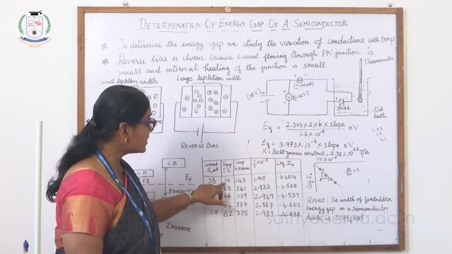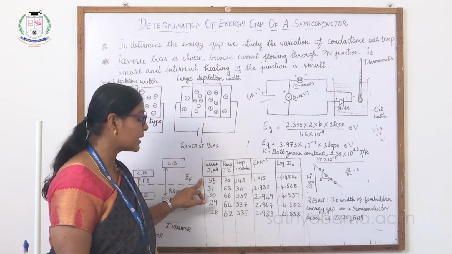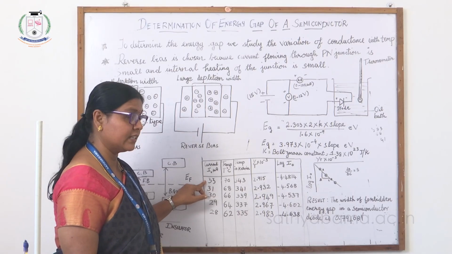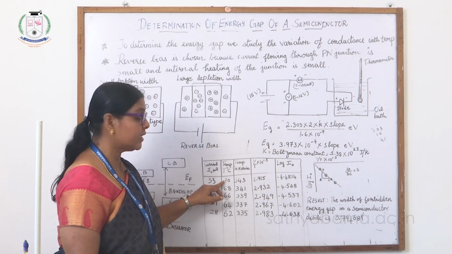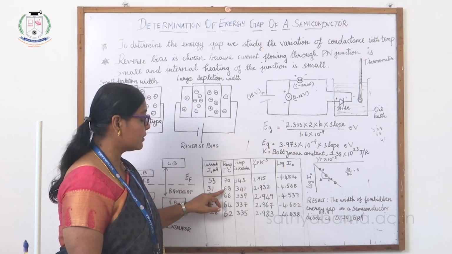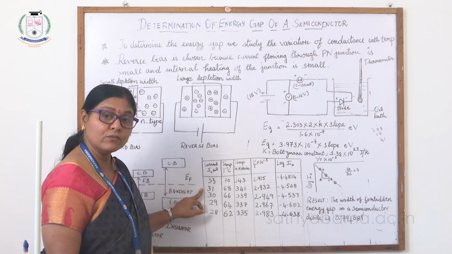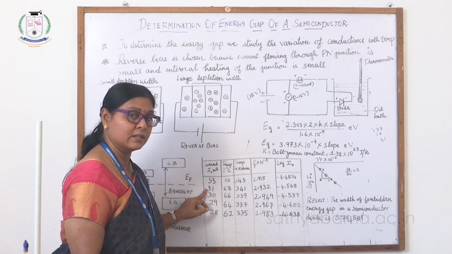So for 70 degrees, the corresponding current is around 33, and I have noted it. Now for a fall of 2 degrees in the temperature, say 68, the corresponding value of the current decreases and it is noted as 31.